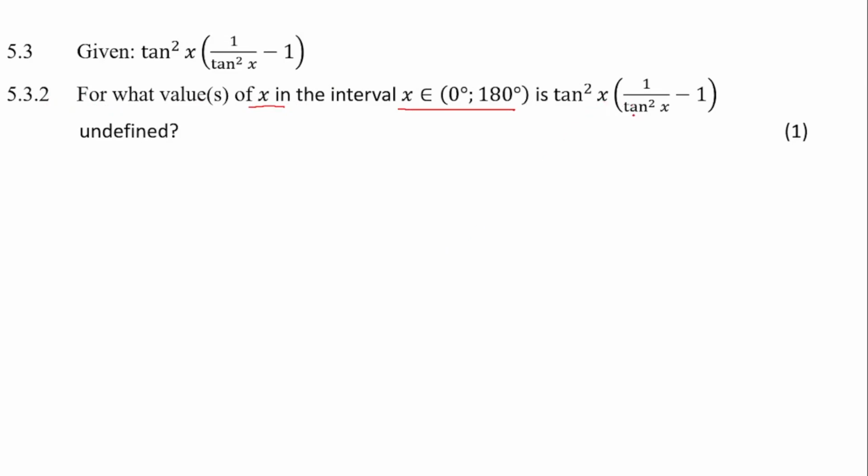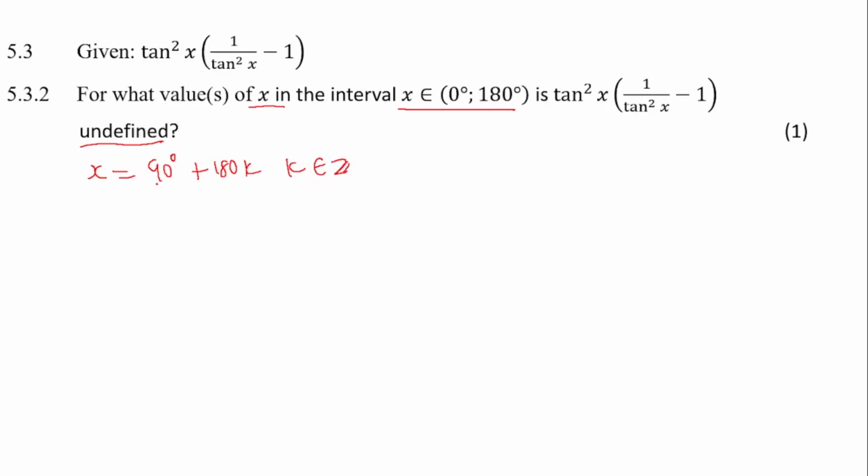Right, 5.32, for what values of x in the interval 0 to 90 degrees is tan squared x times 1 over tan squared x minus 1 undefined? Right, please check this. Right, for tangent graphs, just know that the graph is undefined at the asymptotes. So we have like the general formula for that. At x is equal to 90 degrees plus 180k, where k is an integer, right?